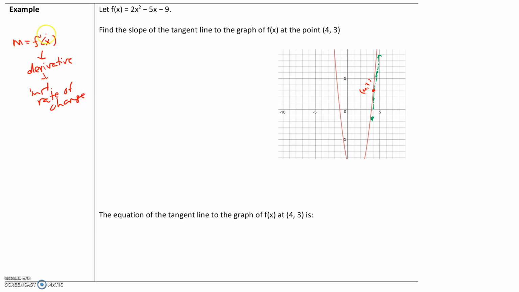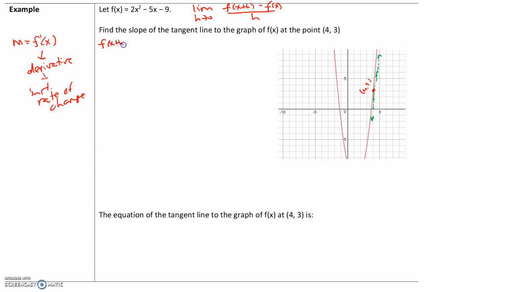The slope of the tangent line equals the derivative, which is f prime of x, and that's equal to the instantaneous rate of change. And all of that is given by this formula: the limit as h approaches 0 of the difference quotient, which is f of x plus h minus f of x, all over h.